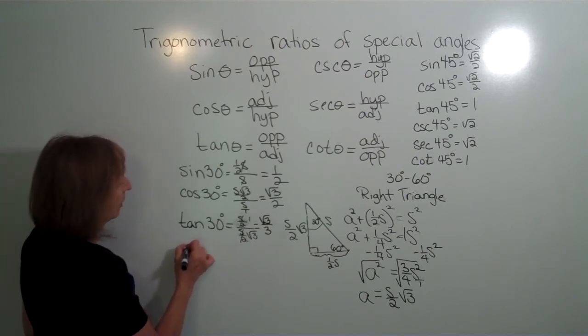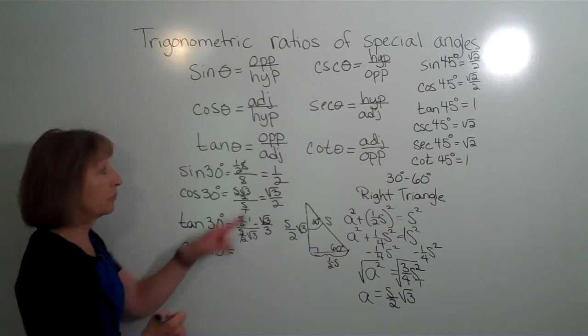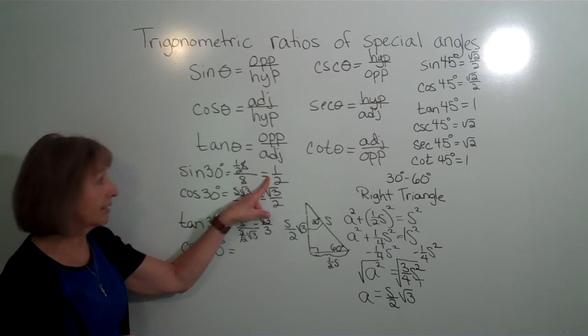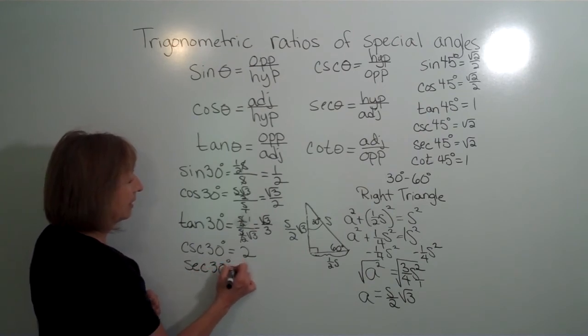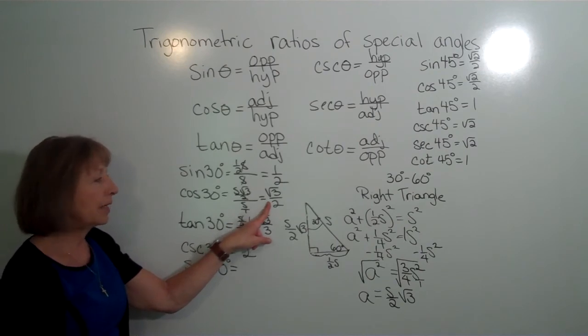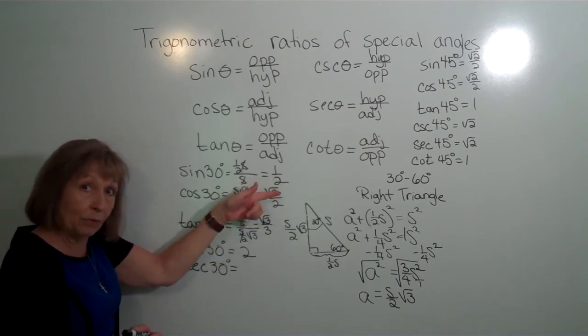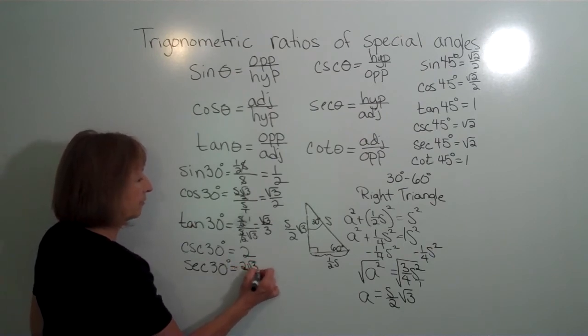For our cosecant of 30 degrees, it's the reciprocal of sine of 30 degrees. So it's 2. The secant of 30 degrees is the reciprocal of cosine of 30 degrees. So then when I flip it and rationalize it, I'll get 2 times the square root of 3 over 3.